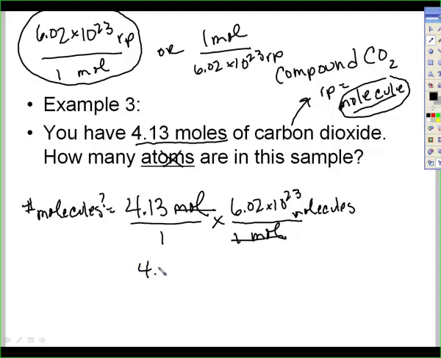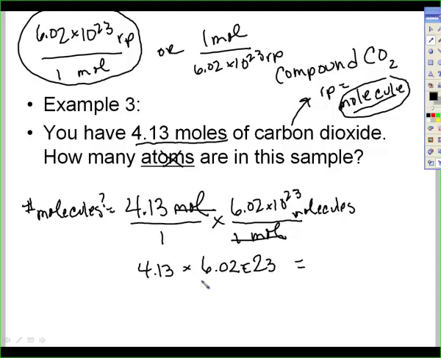So I'm going to have 4.13 times 6.02, and we're going to do that second x minus 1 thing, so 6.02 double E's, big E's. And that should give me my answer. So 4.13 times 6.02, hit the second button, and x minus 1.